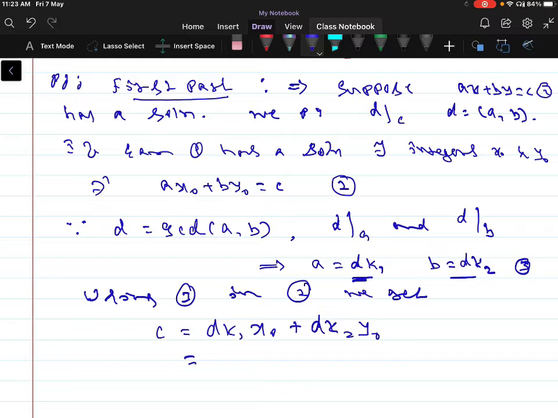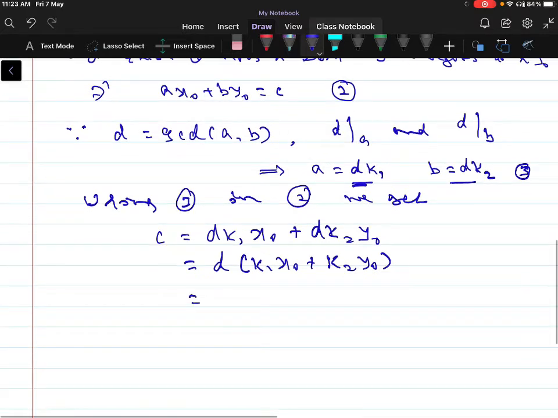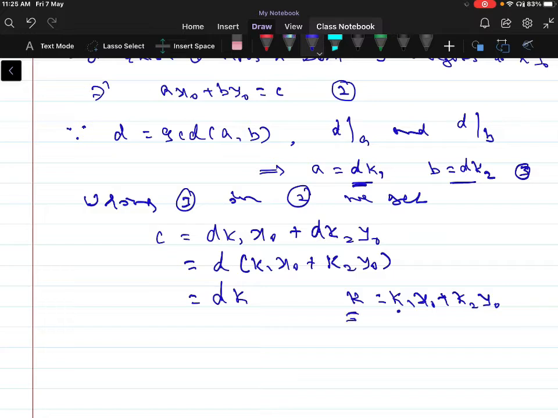This is equal to, taking d common, d into k1 into x naught plus k2 into y naught. So this is equal to d into k, where k is equal to k1 into x naught plus k2 into y naught. Because k1, x naught, k2 and y naught are integers, therefore k is also an integer. So this implies we can write d divides c.